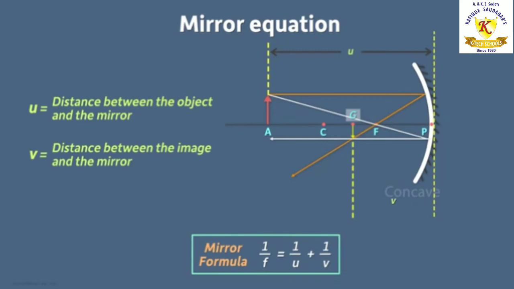So V is nothing but the distance between G and P, and F is the focal length, which is the distance between the principal focus and the pole.